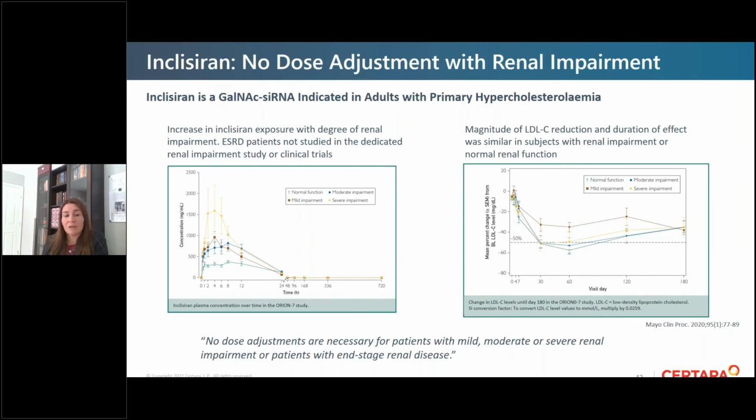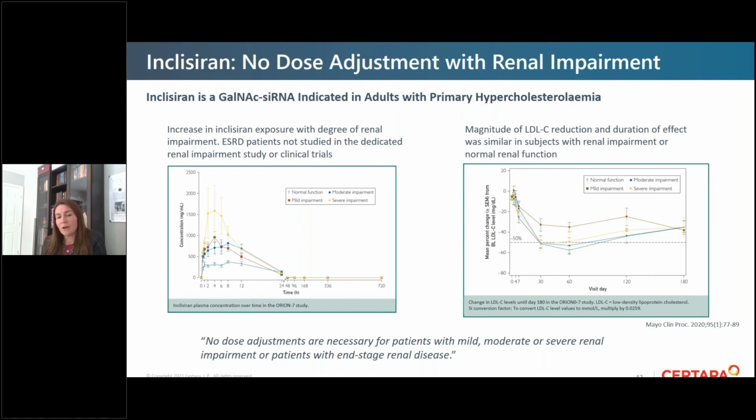The yellow curve on top is the severe renal impairment group, and the green curve on the bottom is the normal renal function group. So there was a clear impact of renal function on inclisiran exposure, which demonstrated the significant contribution of the kidney to the elimination of this compound.